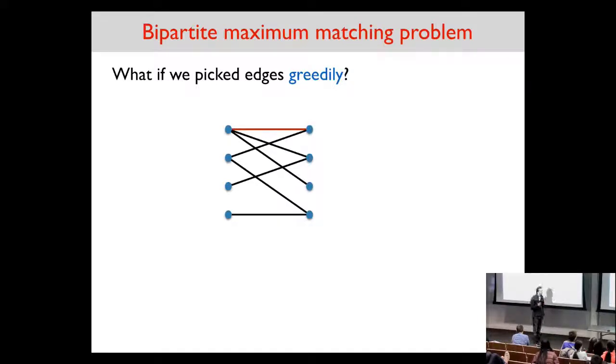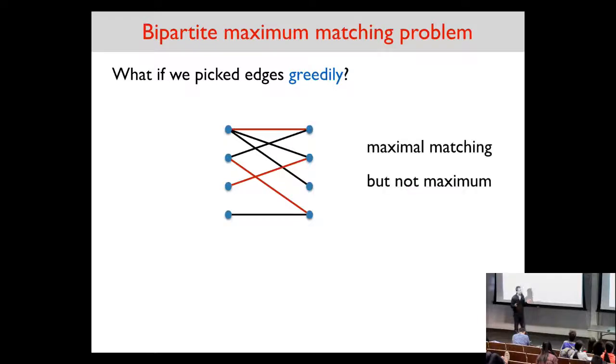You pick an edge so that it's still a matching. So you cannot pick the first edge, that wouldn't be a matching. But you can pick the second edge, and that would be a matching. That's fine. Then you go to the third vertex, pick the edge. Okay, it's still a matching. But then you go to the fourth vertex. You cannot pick that edge, so you're done.